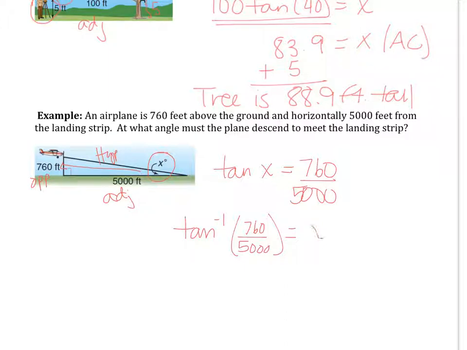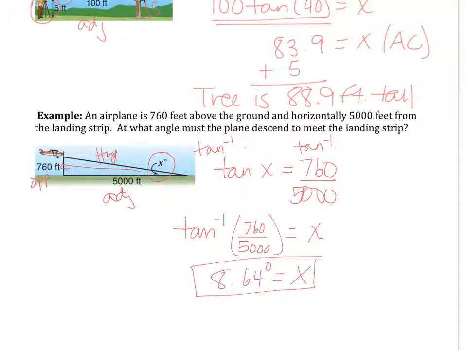That's going to give us our X value. Really what we're doing here is taking the inverse of this side and the inverse of this side. That's kind of what's happening here. And on your calculator, when you do that, you get X is equal to 8.64 degrees.